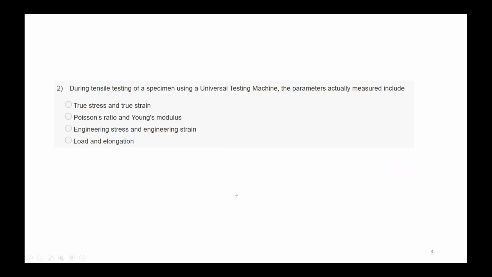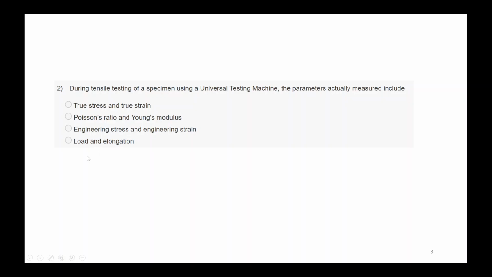Now the second question. During tensile testing of a specimen using a universal tensile testing machine, the parameters usually measured include: first option, true stress and true strain; second option, Poisson's ratio and Young's modulus; third option, engineering stress and engineering strain; and fourth option, load and elongation.